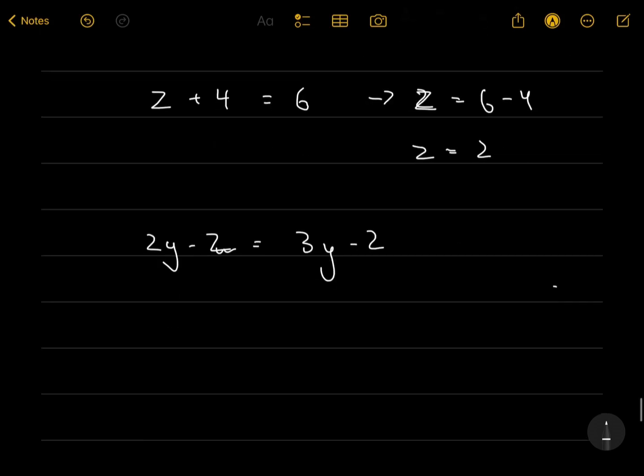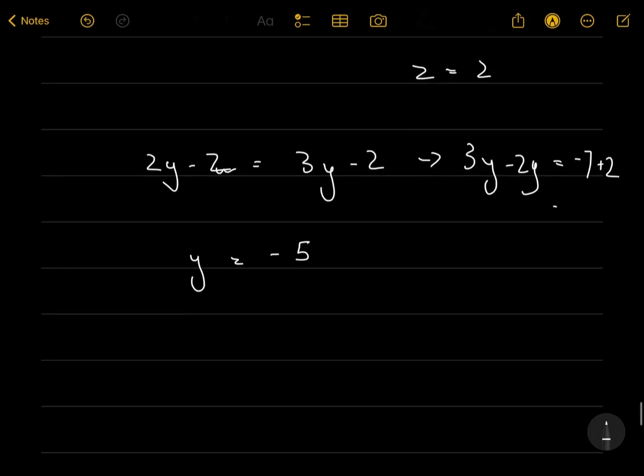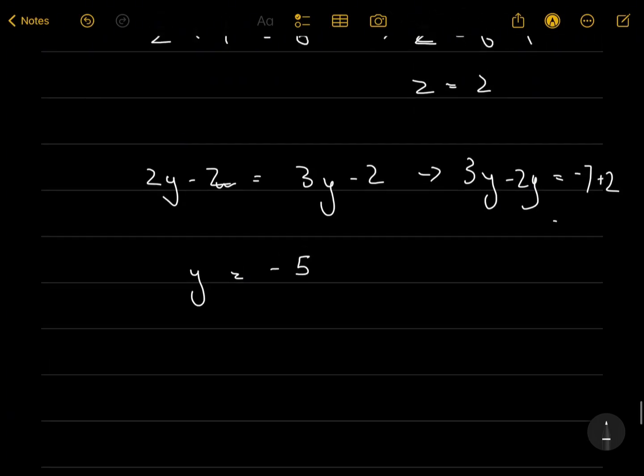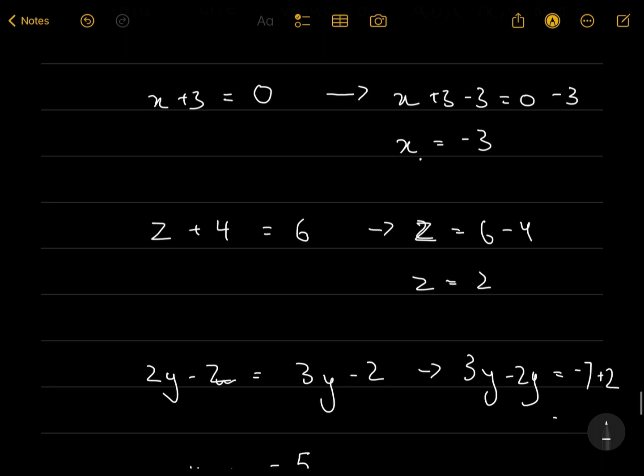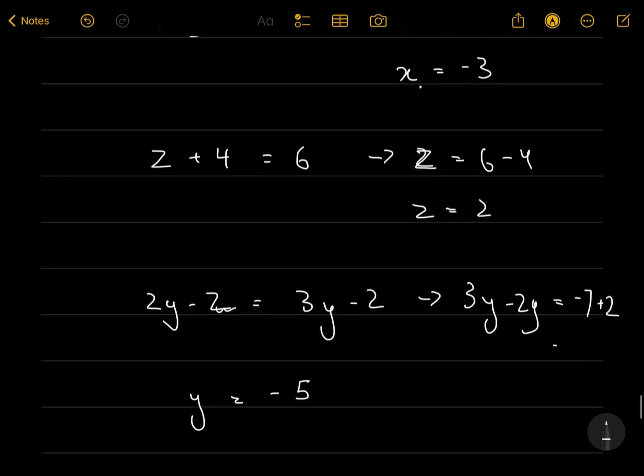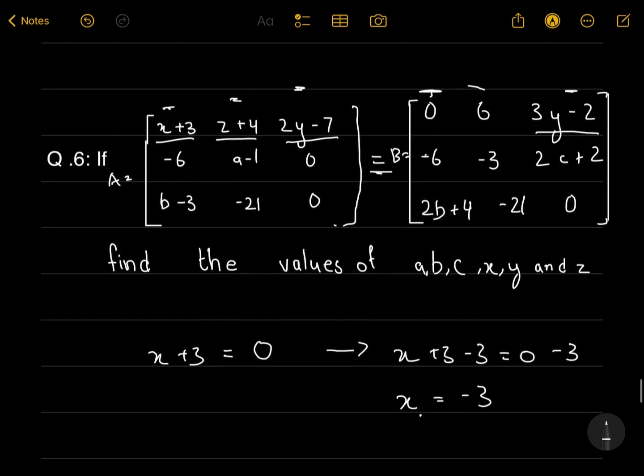So rearranging this equation, we get 3y minus 2y is equal to minus 7 plus 2. So 3y minus 2y is y, which is equal to minus 7 plus 2, which is minus 5. So the value of y is minus 5. So x is minus 3, z is 2, and y is minus 5.